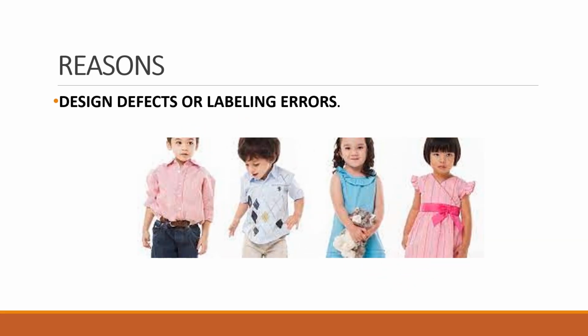Children of different ages may face this problem. So garments produced out of faulty designs, or if there are some safety concerns regarding the design aspects, then a product recall may happen for those garments.